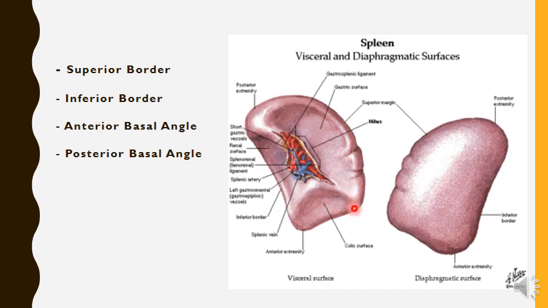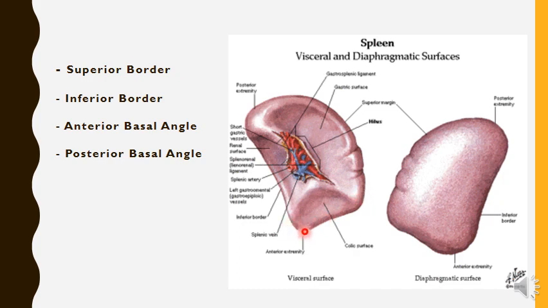You have to remember that in diseases when the spleen is increased in size, it will enlarge around 2 to 3 times its original size. Then only you can palpate the abdomen and feel the spleen, only if it is enlarged 2 to 3 times. And the part that is felt during this palpation is the anterobasal angle. That's why it is also called the clinical angle of the spleen.